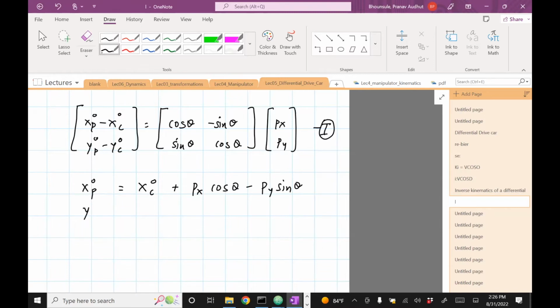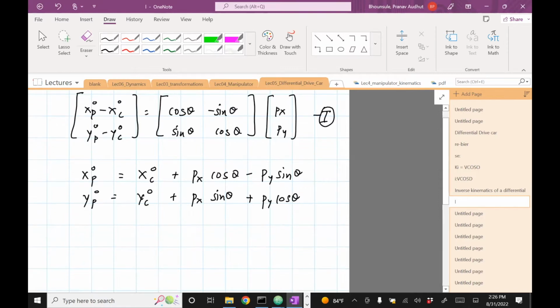And then same for yP: plus Px sine theta plus Py cosine theta.